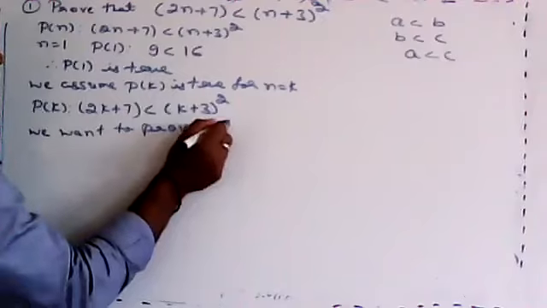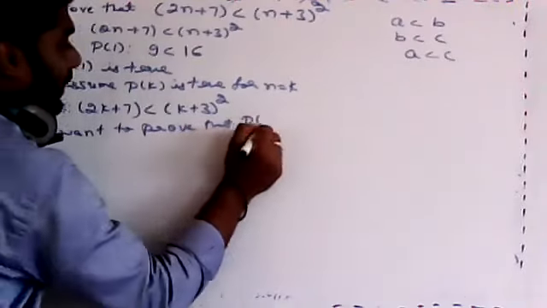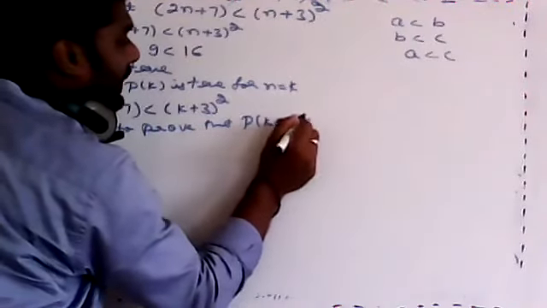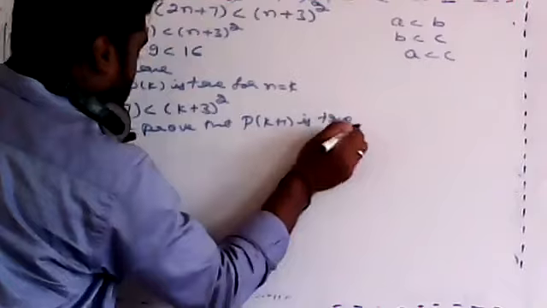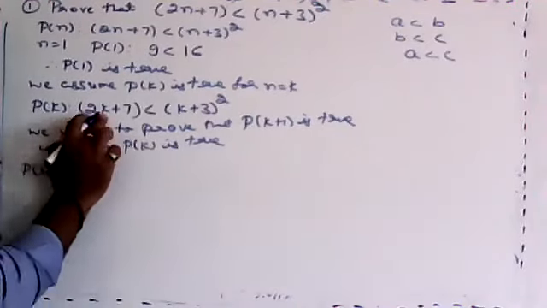Now we want to prove that P of k plus 1 is true whenever P of k is true. It means in the place of k, we are going to replace by k plus 1.